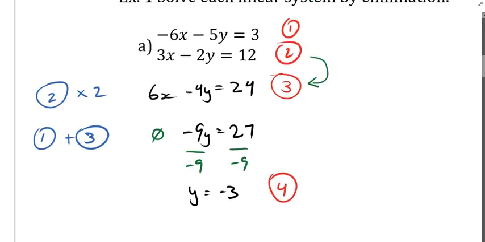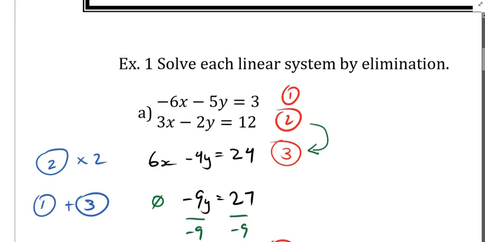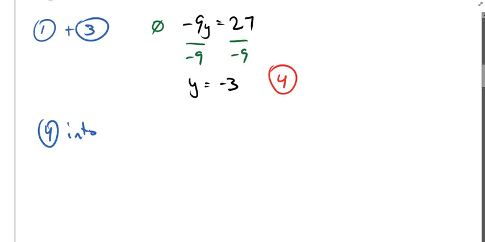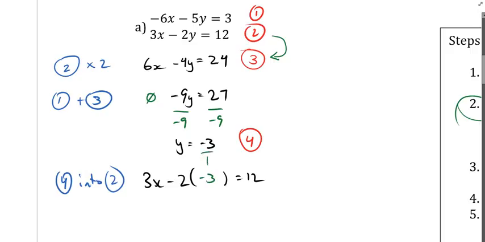So I would always, on a test or in my work, sub 4 into, I don't know, what do you want to do? Let's go into 2. The numbers are a little bit smaller. So 3x minus 2y equals 12. And y is negative 3, right? Goes in there.